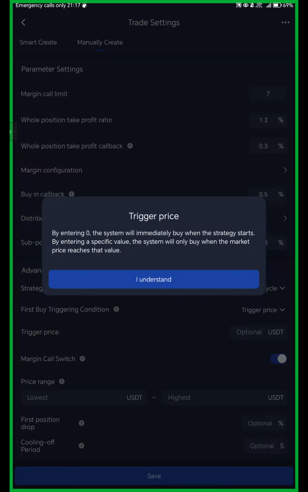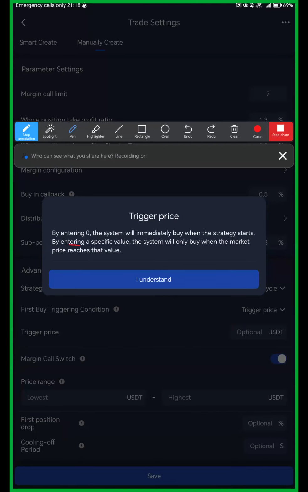But when you enter a specific value, it means you're going to enter a certain price. It means the system will only buy when the market, and when they say market, they are referring to price, when the market price reaches that value. So you can set that specific value, then you leave.